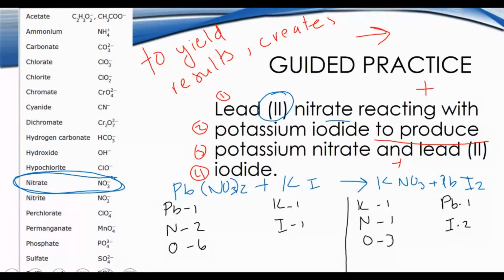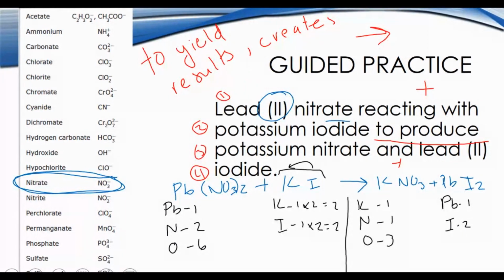So if we can't start on oxygen, let's go ahead and just start with iodine. The problem here tells me that we started with 1 iodine and we ended up with 2. That's violating the law of conservation of mass, so I need to multiply. I'm going to multiply this iodide by 2 to make them equal on both sides. And because iodide is part of a compound, I need to multiply everything in that compound by that 2.